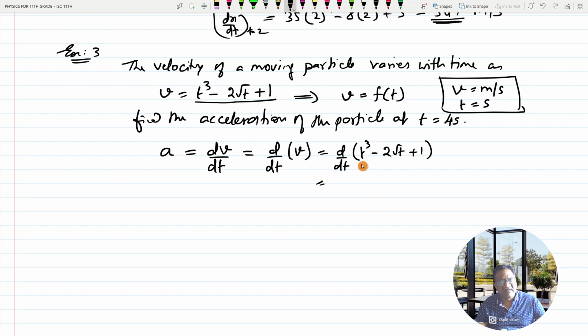Now to find the derivative of this algebraic function, I'll find d by dt of t cube minus d by dt of 2 root t plus d by dt of 1.